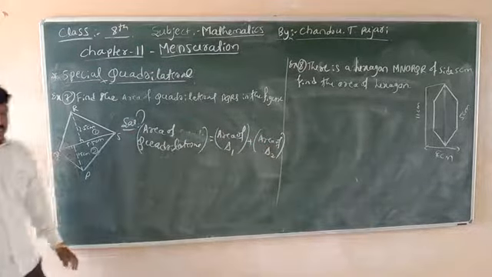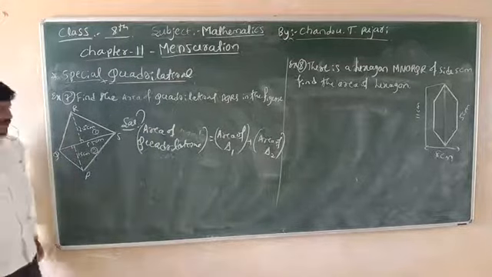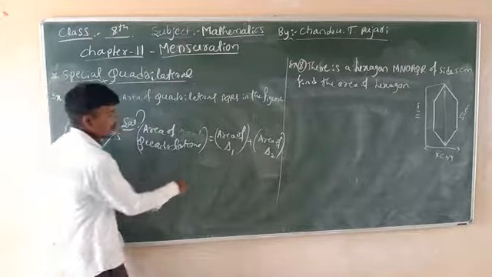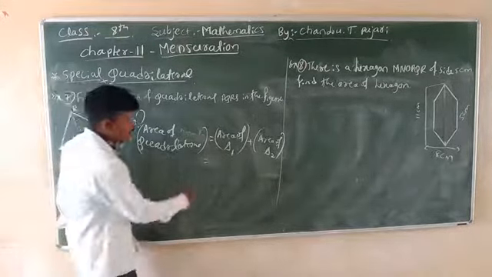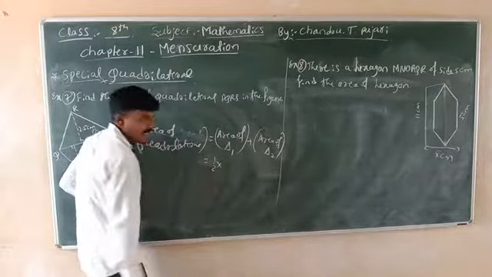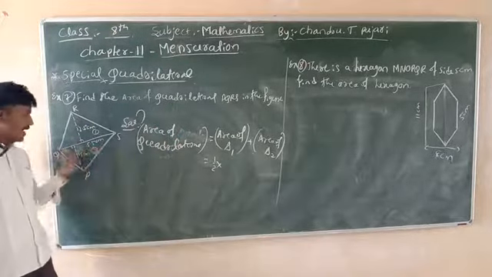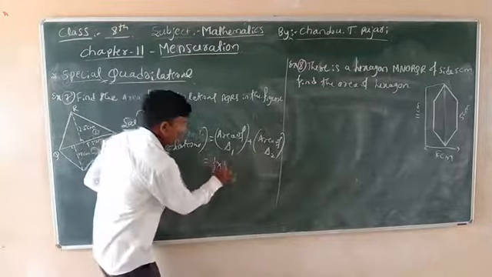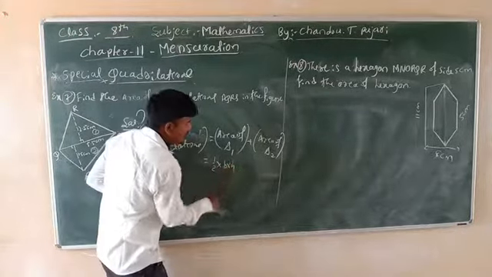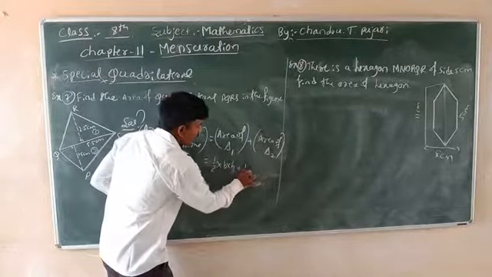You can find this out here. First, the area of a triangle formula is what? 1 by 2 into base into height. The base is QS. Base into height h1, plus again 1 by 2 into base into height h2.